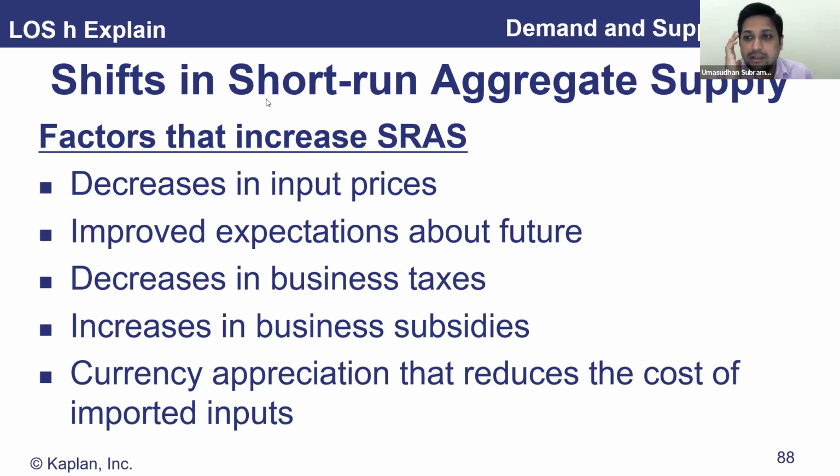If you are a supplier, your objective is making money. So if input prices are decreasing, improved expectations about future, taxes are falling, subsidies are rising, currency is appreciating, and you are importing raw materials from other countries, it's cheaper for you to import them now. So all of this would mean what would happen to your short-run aggregate supply curve? That is going to shift to the right.